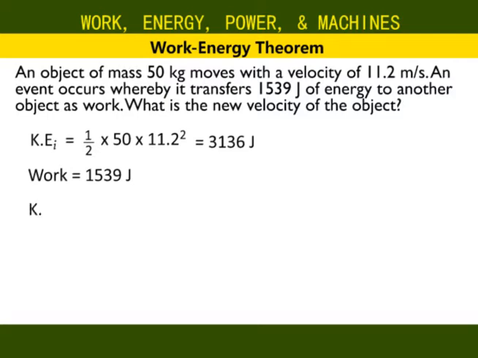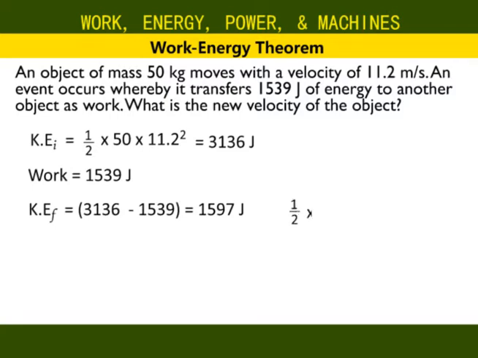So the final energy will be 3,136 joules minus 1,539 joules. That gives us 1,597 joules. We now apply the formula for kinetic energy to find v. A half mv squared will be equal to 1,597.